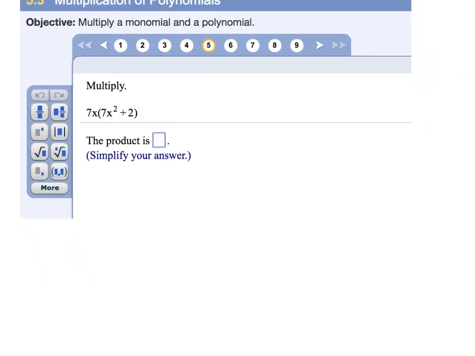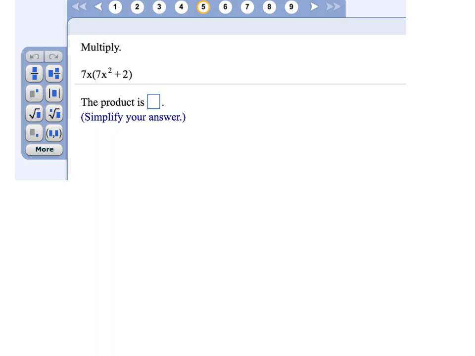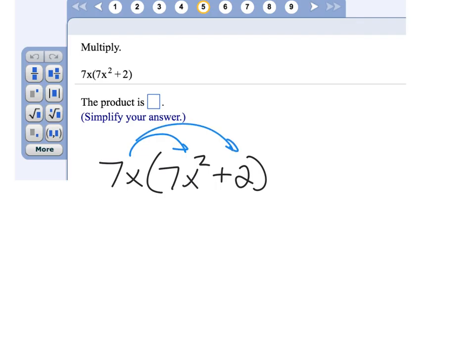All right, so again, they're just more of the same, only they're getting a little bit more complicated each time, and it looks complicated, but it's really more of the same. So this is not a times sign, that's an x. So this is a number right here, 7x, is being distributed amongst each of the terms inside the parentheses. So let's think of this, fortunately everything's positive, so we don't have to worry too much about signs.